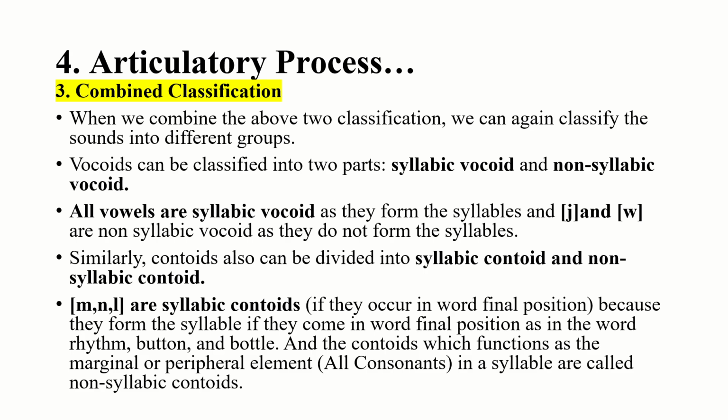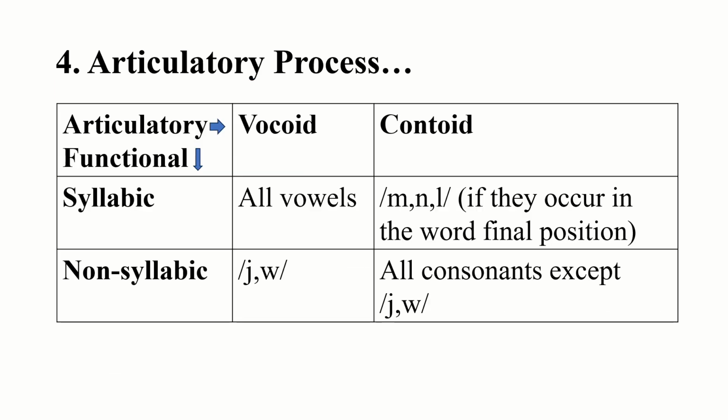And syllabic contoid and non-syllabic contoid. Talking about the syllabic contoid, you can see this table. Syllabic vocoid means all vowels. Non-syllabic vocoid means ya, wa. And syllabic contoid, ma, na, la, they are syllabic contoid.